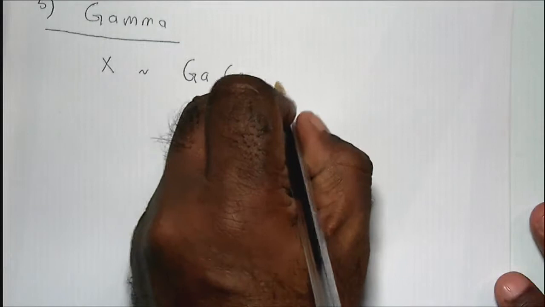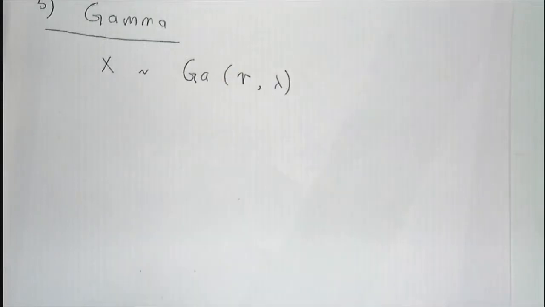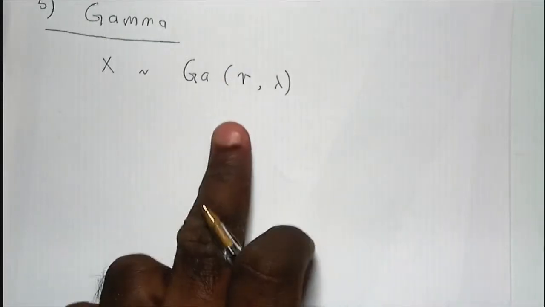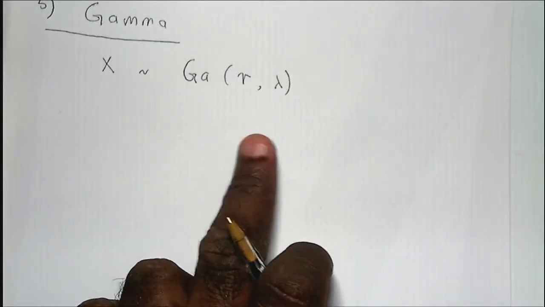For this, the notation I shall use is the following. GA for gamma. It has two parameters, R and lambda. Okay.